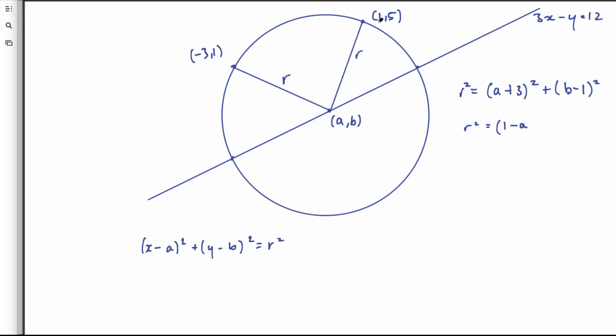No, it doesn't. Wait. So another way I could have drawn this diagram is like this.